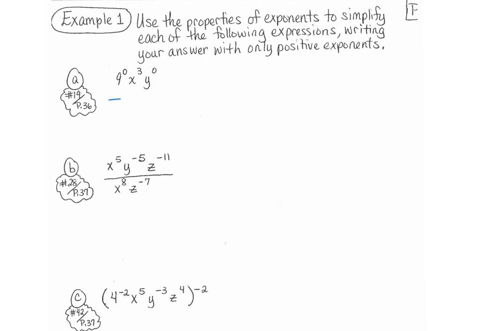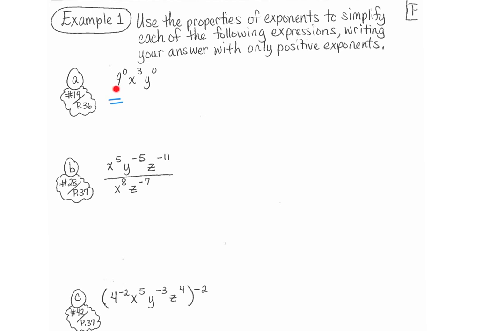So for part A, we have 9 raised to the 0 times x cubed times y to the 0. 9 to the 0 is what? 1. Good. We're using property 1, which says a to the 0 is equal to 1, provided that a is not equal to 0.